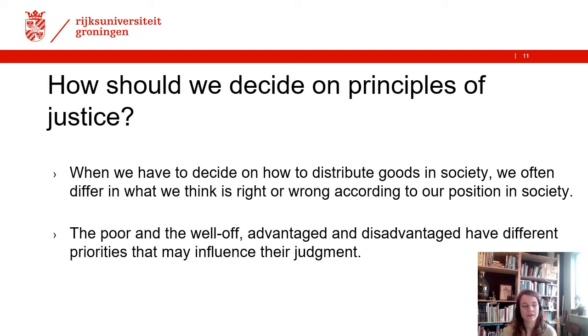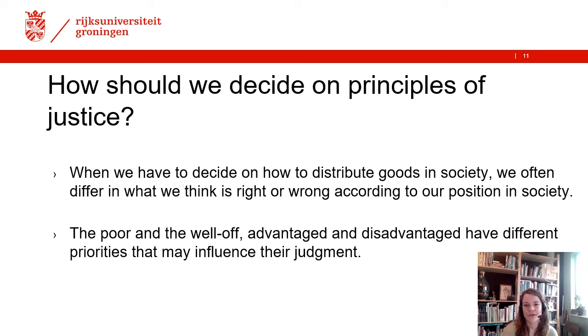All these individual characteristics will also influence how you perceive the world. If you're a very rich person, you probably have a different perspective on what is right or wrong than if you were a very poor person.